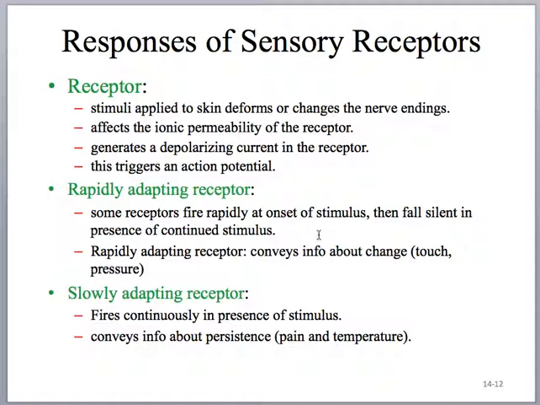This is going to activate these ion permeability receptors, generate a depolarizing current, and trigger an action potential once threshold is met. Some are rapidly adapting, others are slowly adapting, and this gives you an idea of which is rapid and slow.